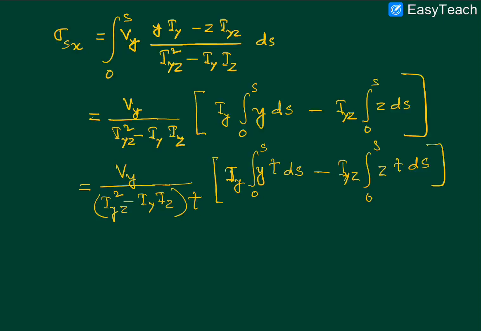So now the last thing that we have to note is interesting. The benefit of having written these integrations in terms of the elemental area is that we can immediately note that because this TDS is the elemental area multiplied by the Y, this basically represents the first moment of area about the Z axis.